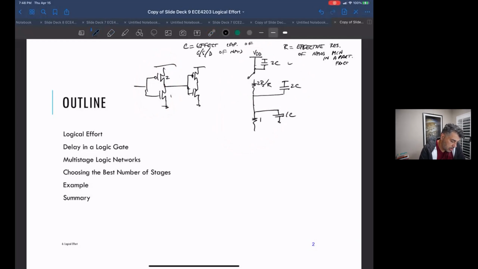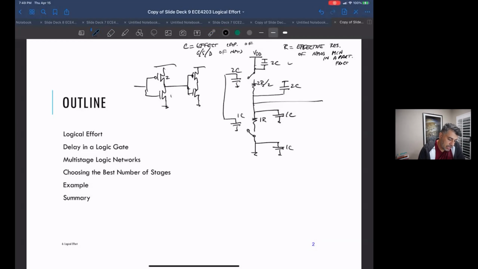It's 2R over 2. This is 1R. And then there is a switch. And then we have the source capacitance and ground. And they both have the gate capacitance also. This is twice as wide, so the gate capacitance is 2C. This is 1 times as wide, so it's 1C.